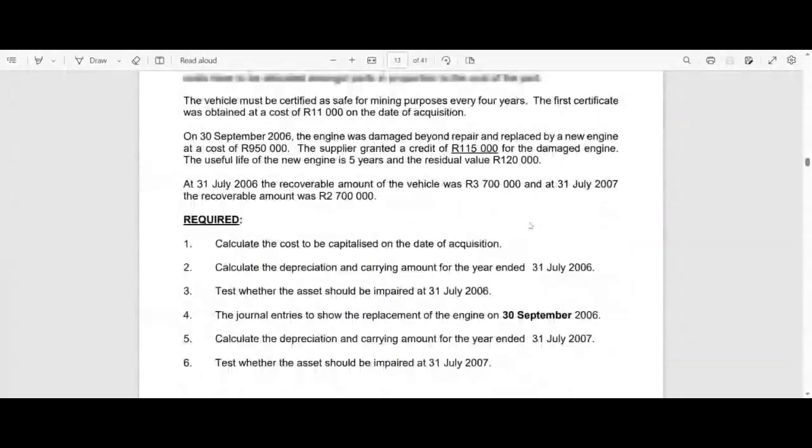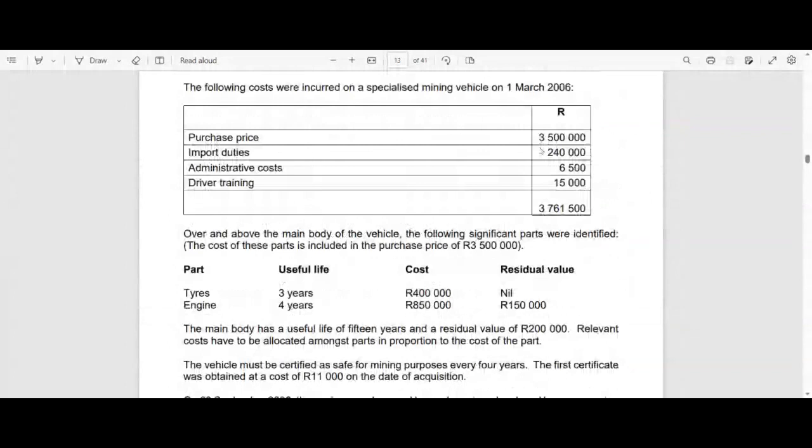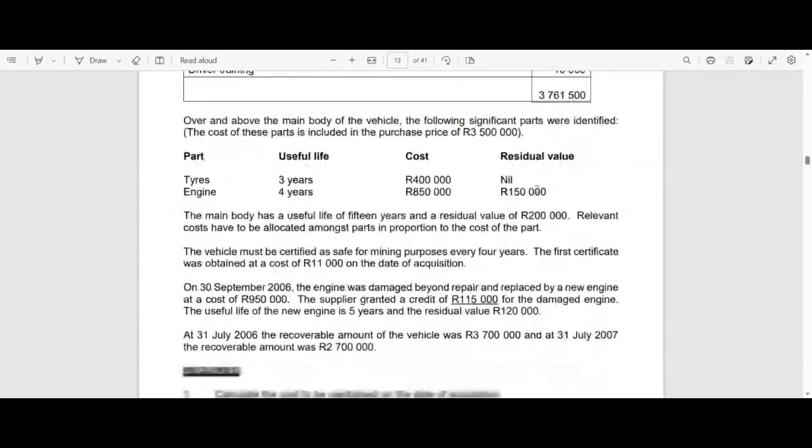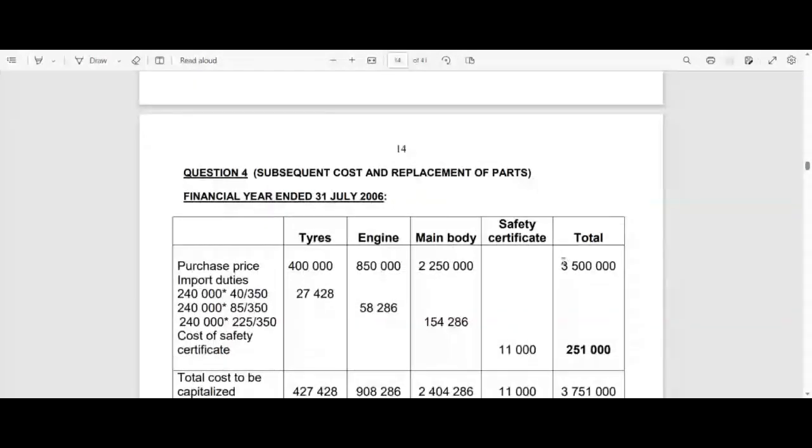We saw that the total purchase price was 3.5 million, and that includes all the components. They say here the cost of these parts at the bottom is included in the purchase price of 3.5 million, right? So those amounts, the 400,000 and the 850,000, are included in the 3.5 million. So if we go down to our little table here, we see that the total is 3.5 million.